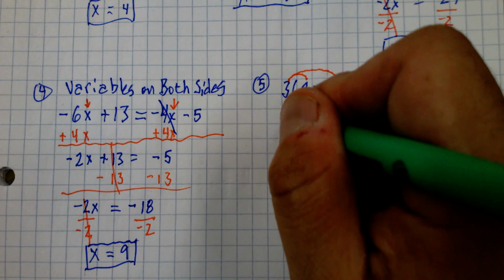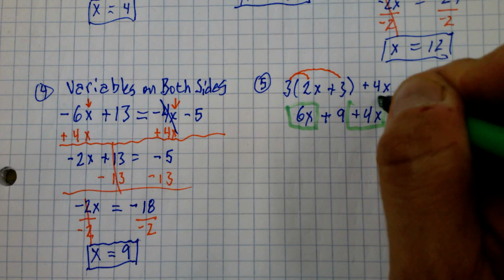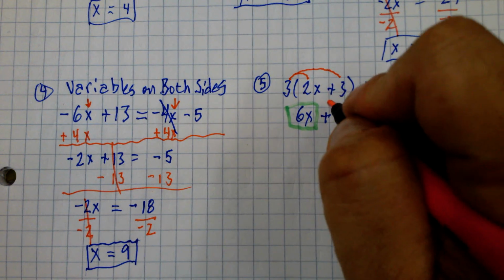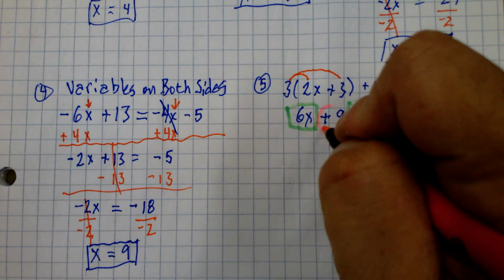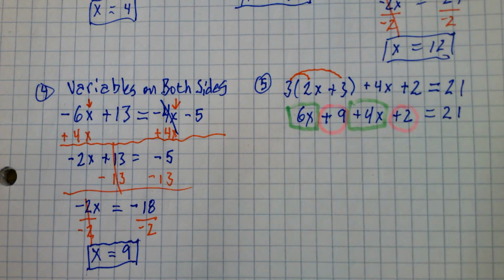I got positive 6x, positive 4x. Those would combine together. So we have to combine like terms, and then we have positive 9 and positive 2. Those would combine.